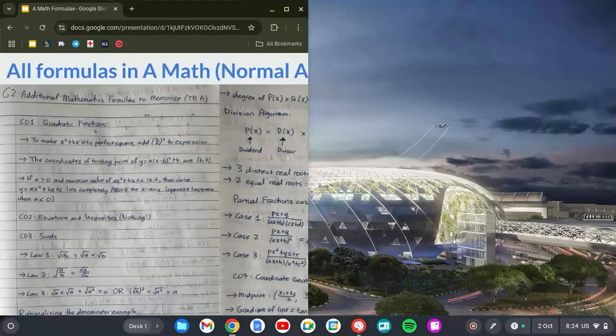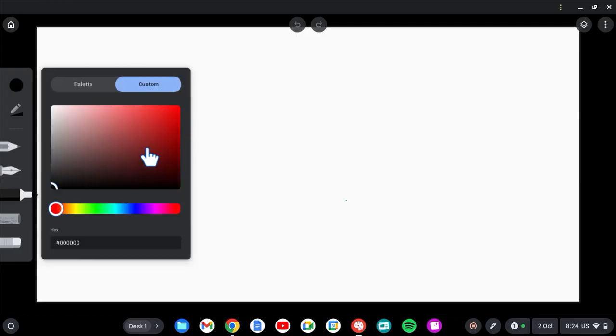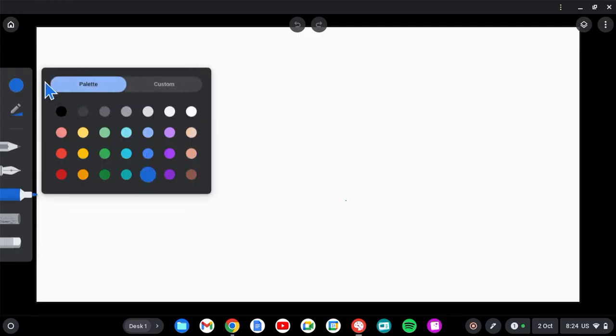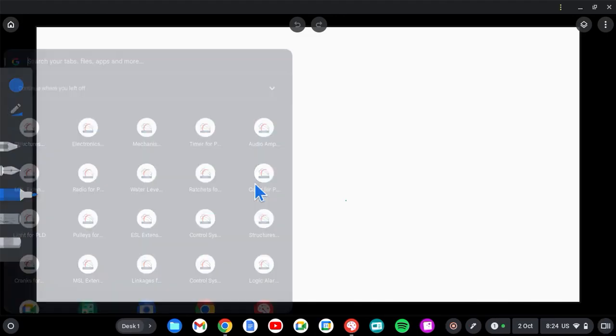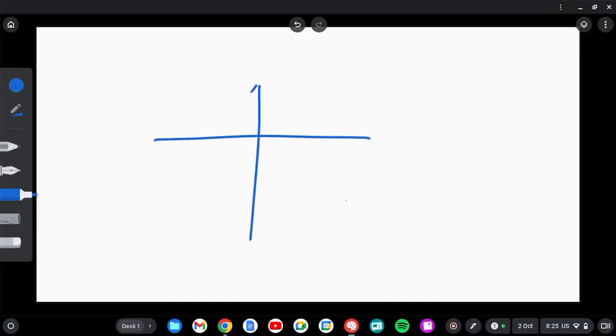I'm going to exit for a bit. What does this mean? It means like this. If your graph is something like this, let's say this is the x and y, this is your y, this is your x.